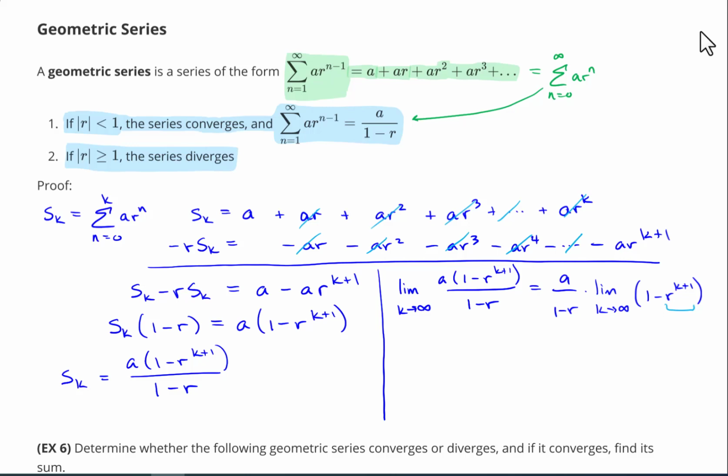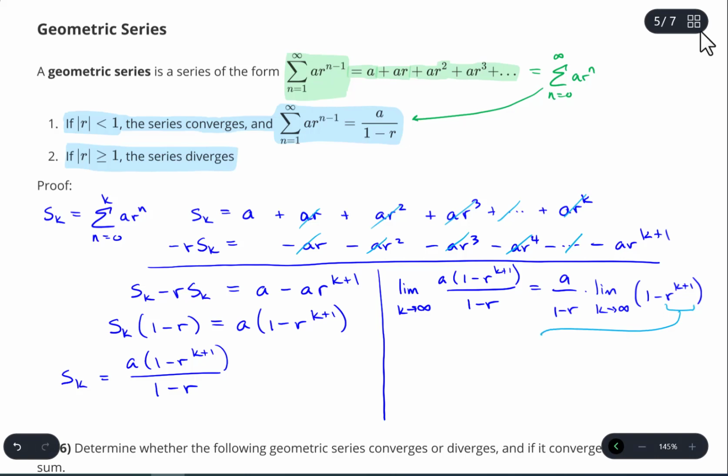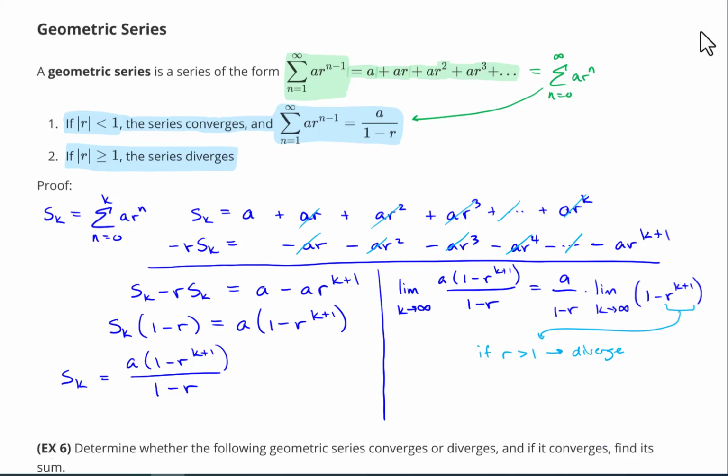So if r is bigger than 1, clearly this thing is going to diverge because I'm taking larger and larger numbers. I'm taking numbers and raising them to powers, and they get larger and larger and larger. So clearly it's going to diverge at that point.